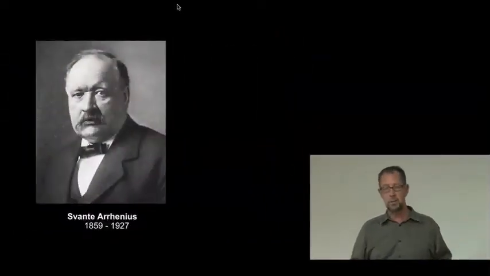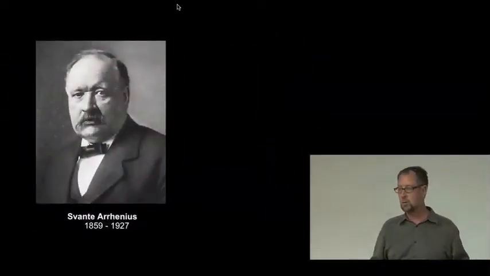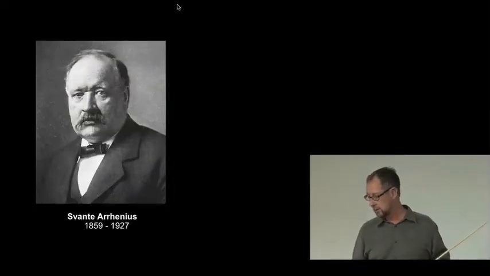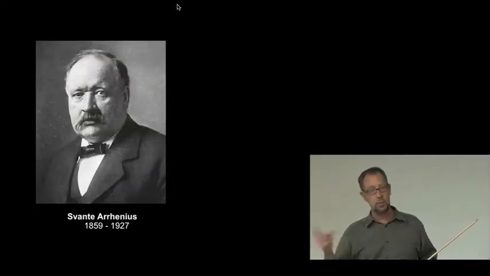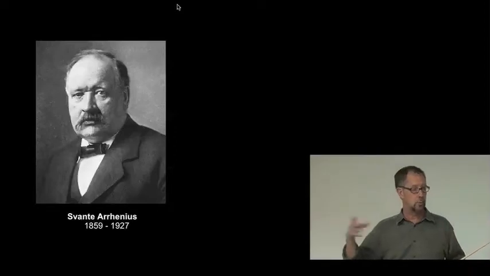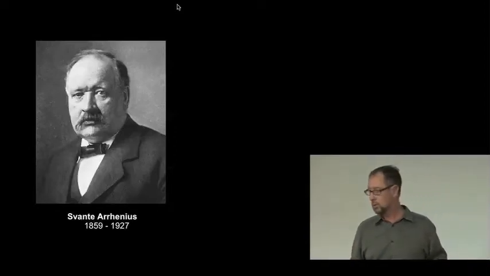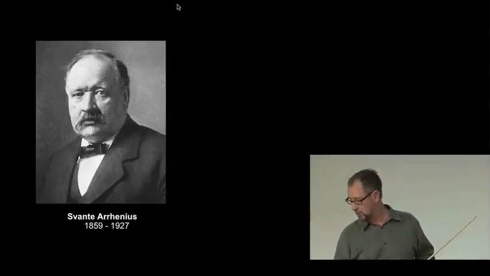One of the scientists, a generation after John Tyndall, Svante Arrhenius, got curious about what if we kept burning coal. They were burning a lot of coal in Sweden and in other parts of Europe at the time, in the late 1800s.